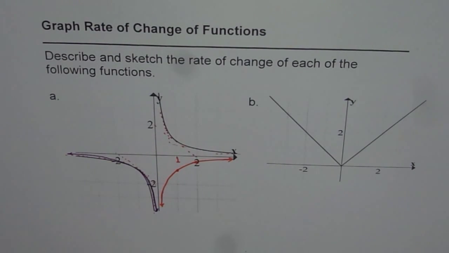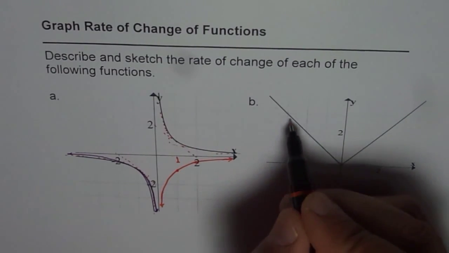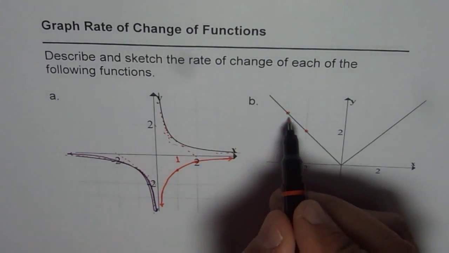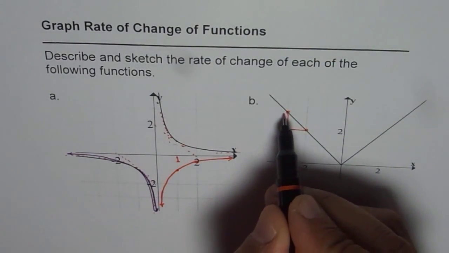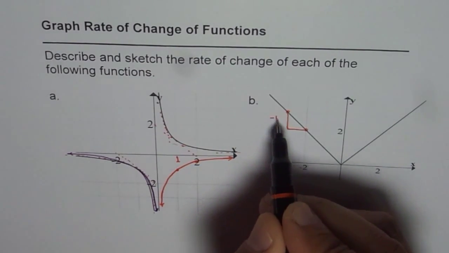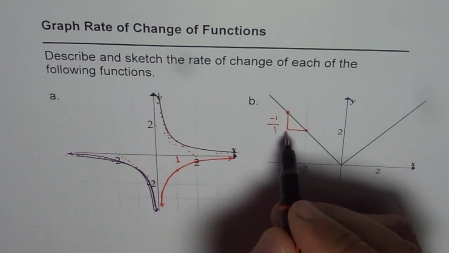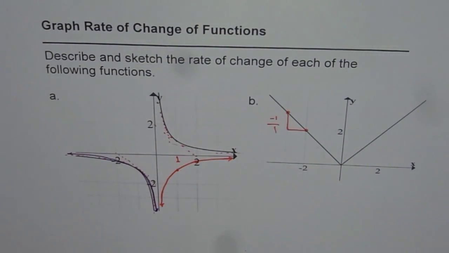Okay, let's do the second graph. In the absolute function, if you take any point on the left side of the graph, like here, you find rise over run. So the rise is going down, -1, and the run is +1, right? So that is a slope of -1, right?